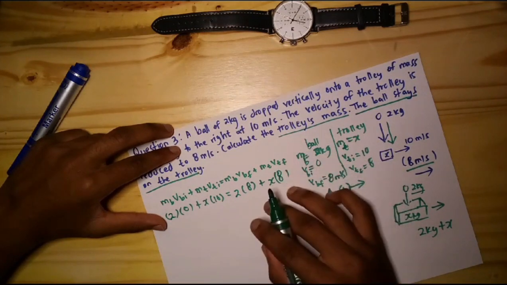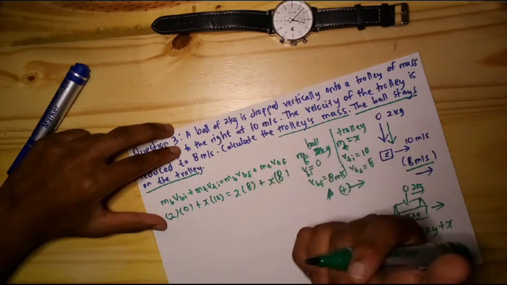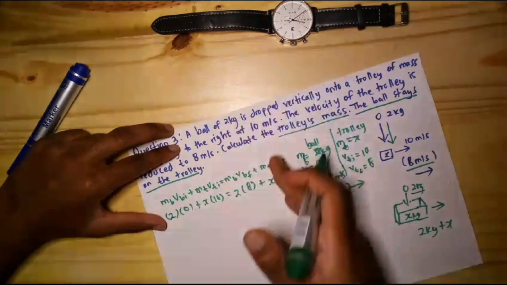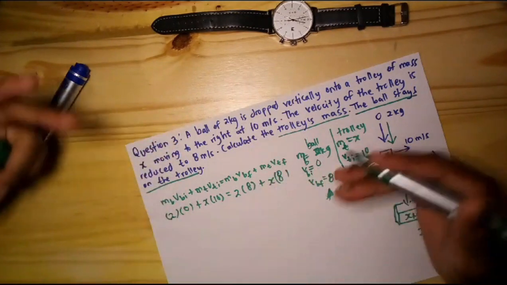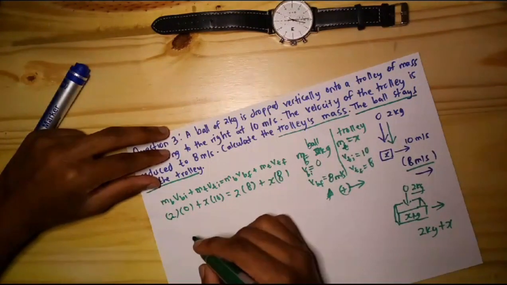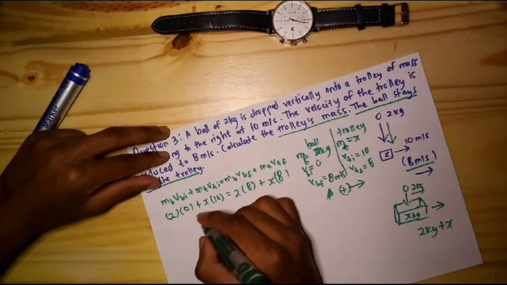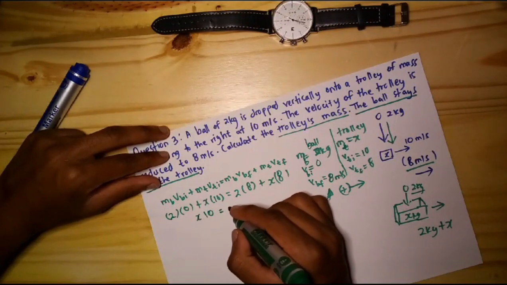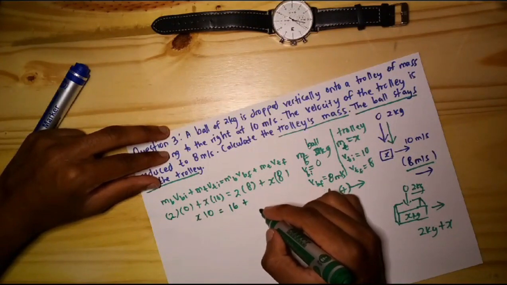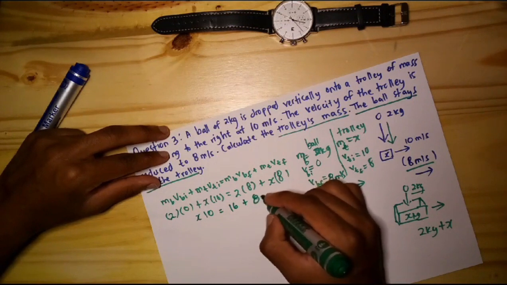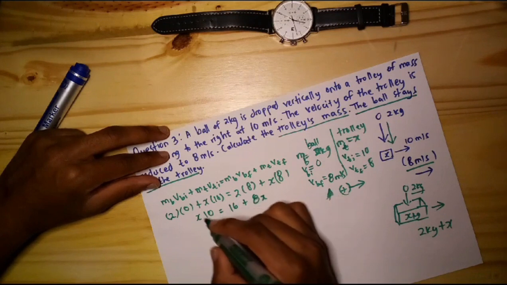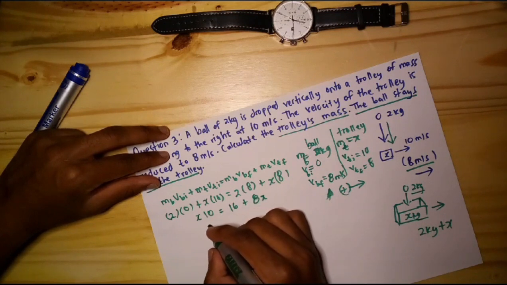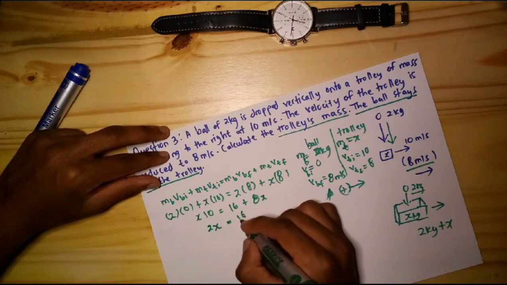As you can see, the velocity is the same. This is similar to the question we had before, but different because now you're dropping it. I'm trying to bring you into a different space here. So you would have 10x equals 16 plus 8x. This one goes on this side, and you have 2x equals 16.